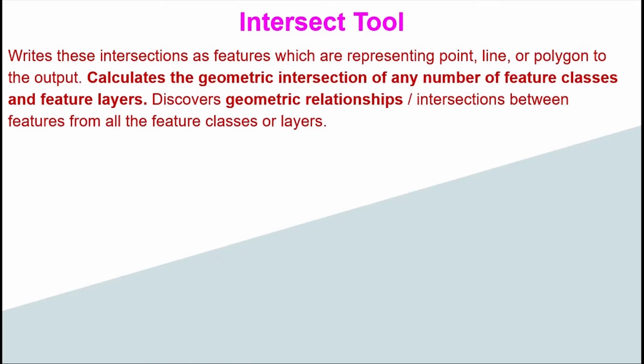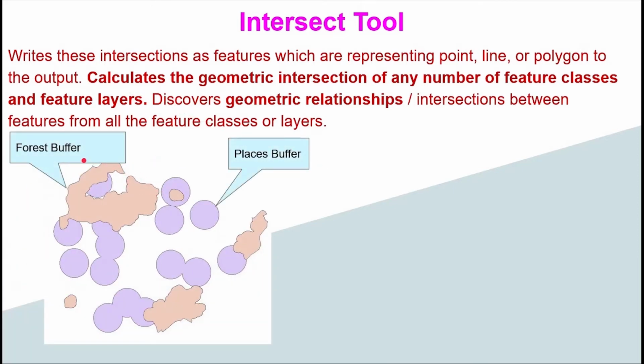Using the intersect tool, we can calculate geometric intersections of any number of feature classes or feature layers. Here, we will discover geometric relationships. It means intersections between features from all the feature classes or layers.